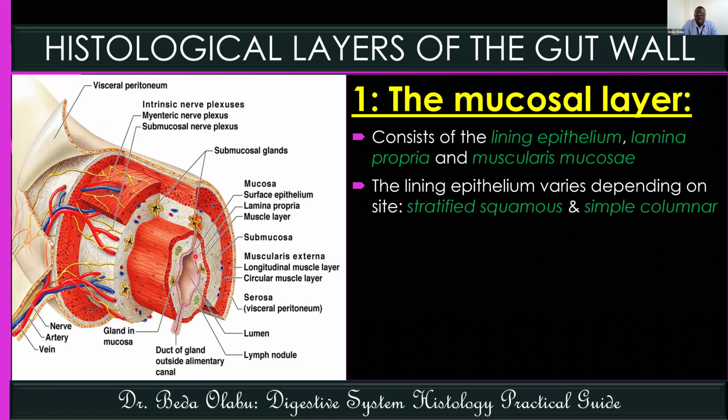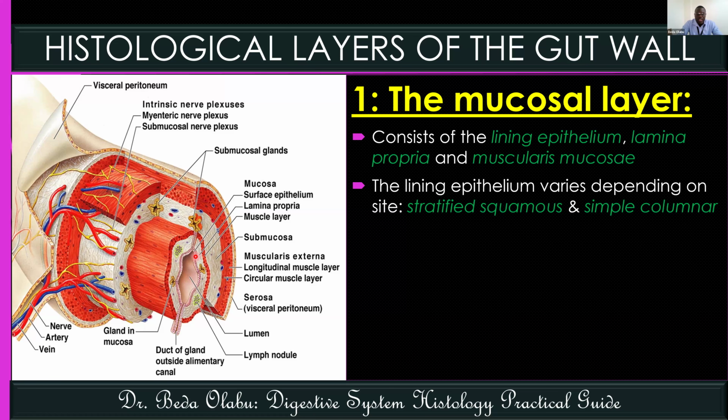You'll remember that particularly in the oral cavity, this stratified squamous epithelium may be parakeratinizing if you are talking about the regions of the oral cavity that come into contact with food. For example, the dorsum of the tongue, the palate, and some parts of the gum come into contact with the food. These regions will be lined by stratified squamous parakeratinizing epithelium, what we sometimes call the masticatory epithelium.